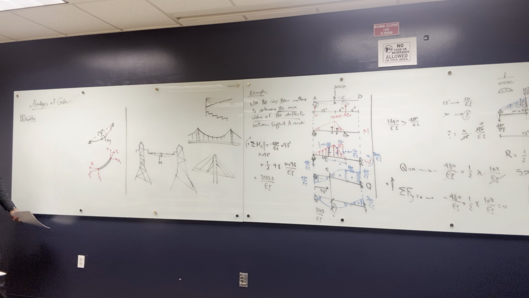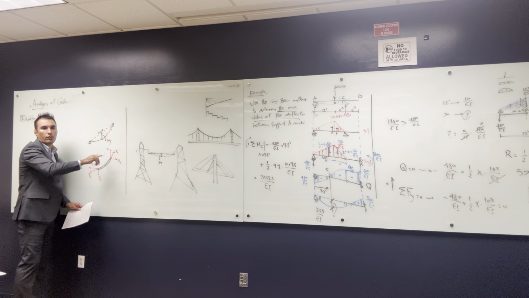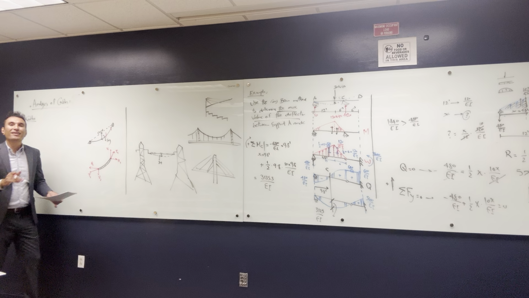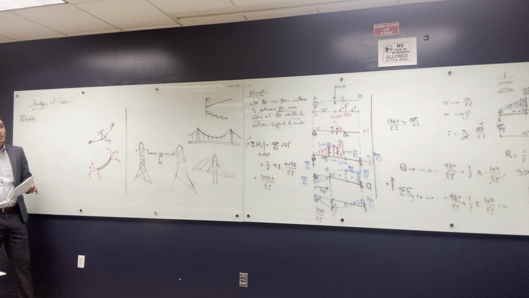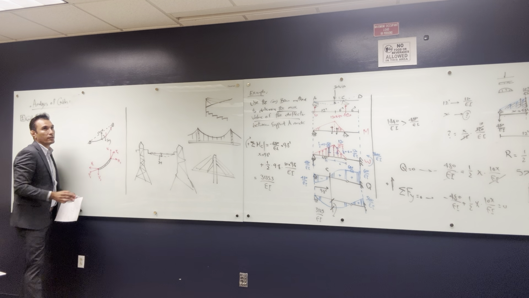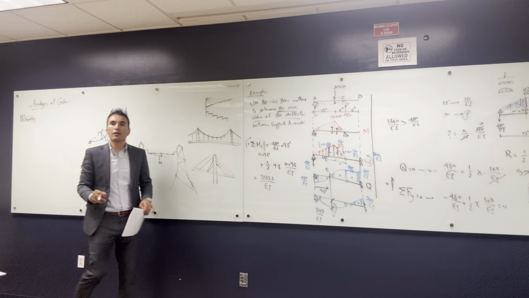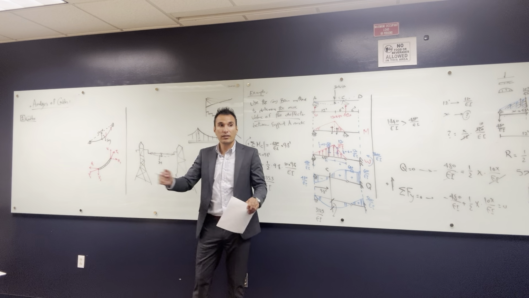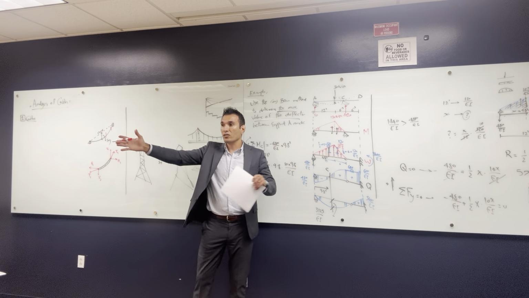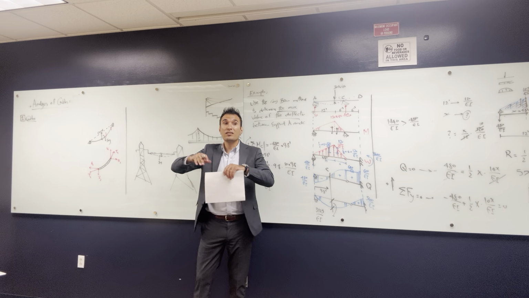Okay, so what kind of loads do most cables have? Most of the structures that have cables don't have load distributed on the cable, but they have their own weight. And sometimes we find cables that have concentrated loads. I have a very good example for you. Do you guys see the traffic signals? Sometimes the traffic signals are posted on a pole, and sometimes they're on a wire.